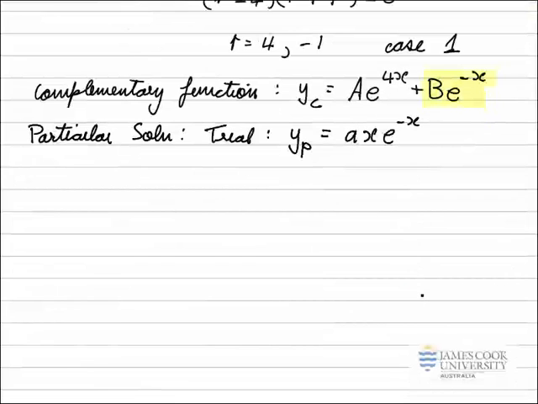At this stage in the method, the next process is to find the first and second derivative of yp, substitute it into the original DE to try and solve for the coefficient here, little a.